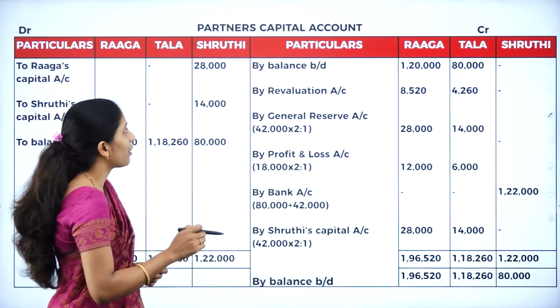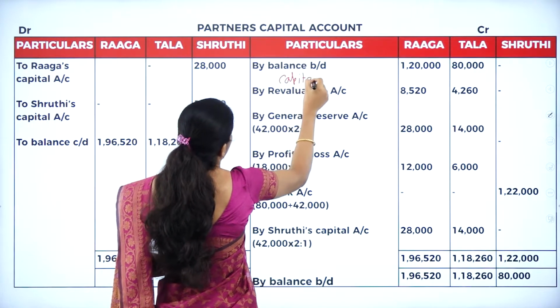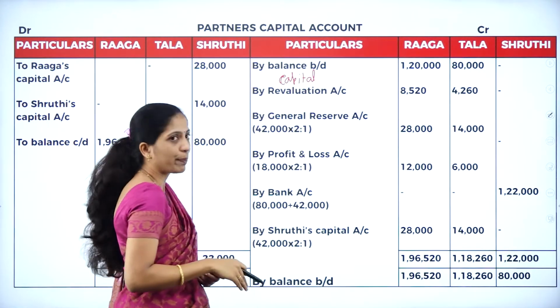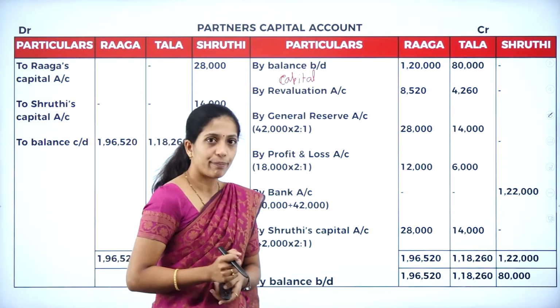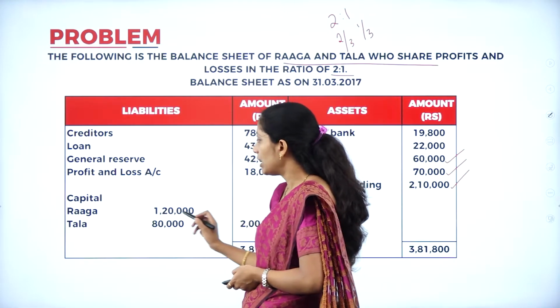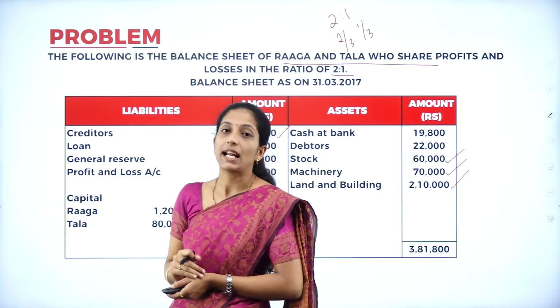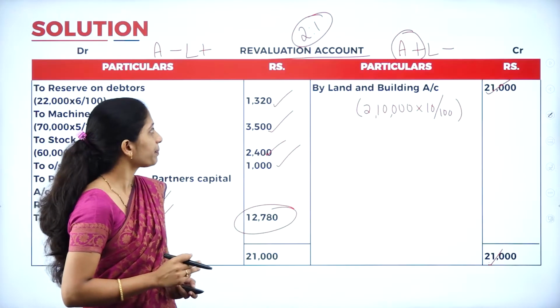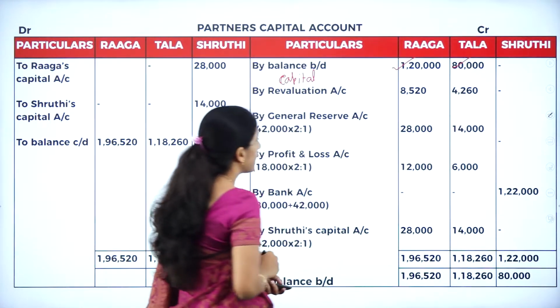First we will bring down the capital of the partners, as given in the balance sheet, as by balance brought down. Now go through the balance sheet. They have given the capital 1,20,000 and 80,000. So take that capital as by balance brought down.